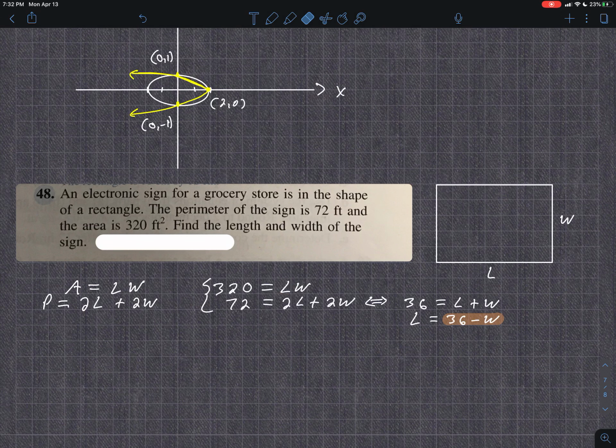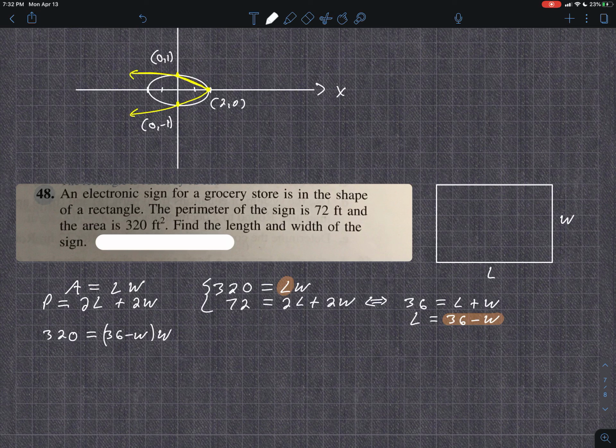I don't want that one. I want this one. No, that was right. I'm sorry. That's right. So 320 is equal to L, which is 36 minus W, times W. So that's the one you want to solve.